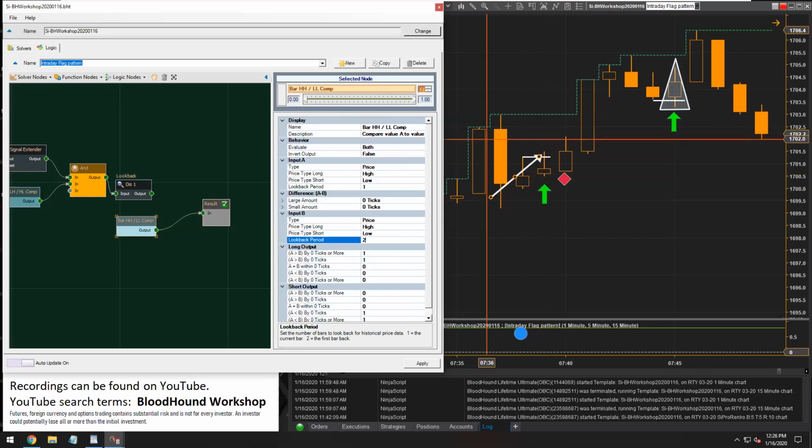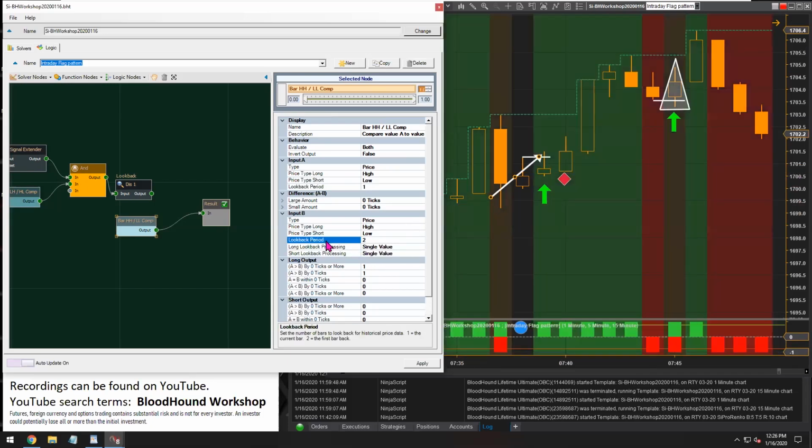Right? If you look right now, there's absolutely no output. And that's because we're comparing the bars to each other, right? We're comparing the current bar to the current bar. So that's why we have no output here. So once I click off, once I input this period of 2, now we start seeing some output here. Right? So there we go.